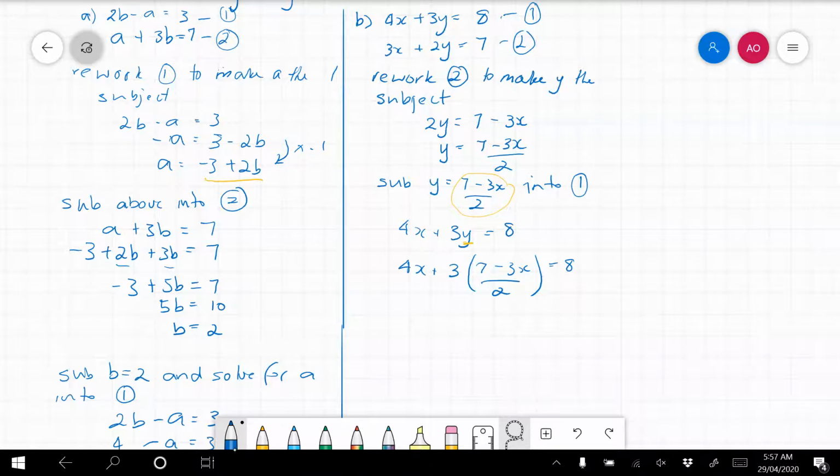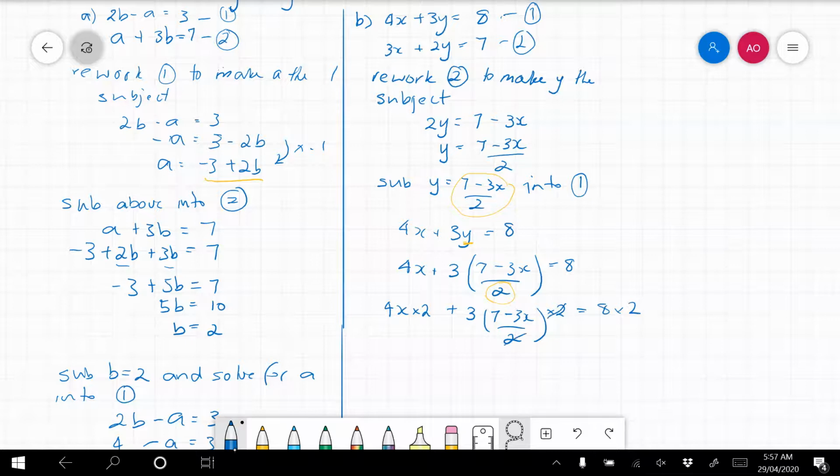Now, I've got this divide by 2 here, and I'm not so keen on it. So I'm going to multiply everything else in the equation by 2. So I'm going to have 4x times 2 plus 3 over 2 times that by 2, and 8 times 2.